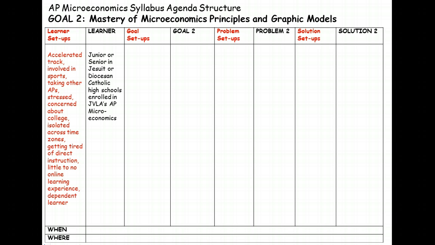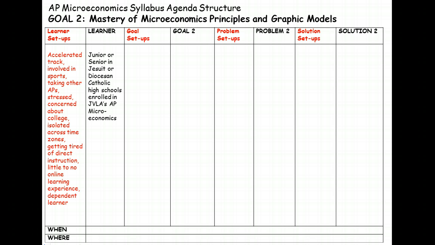They're isolated in their time zones compared to other students who might be enrolled in the course. They're getting tired maybe of direct instruction. They've had little to no online learning experiences, and they're what I would call dependent learners. They need a lot of reinforcement and monitoring.